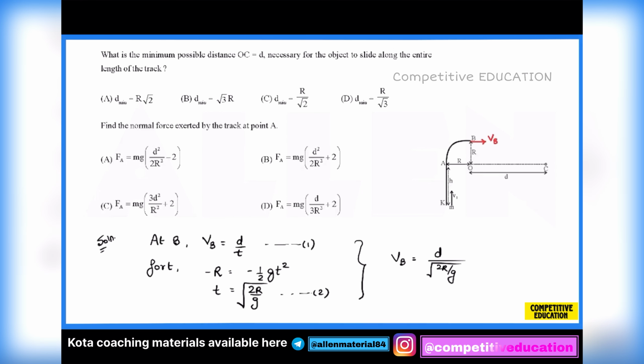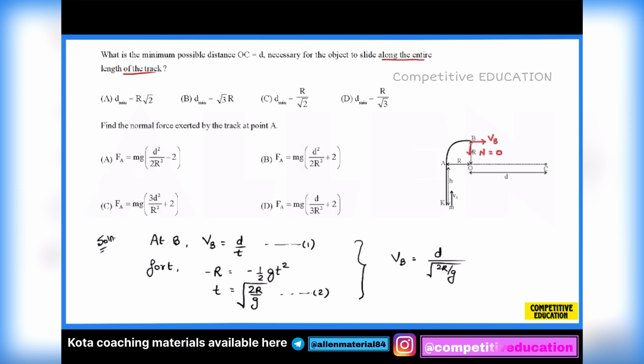Now see the second question. The necessary condition here is that it will slide along the entire length of this track, which means it will not lose contact anywhere. So the minimum velocity at B will be there if the normal here is 0.